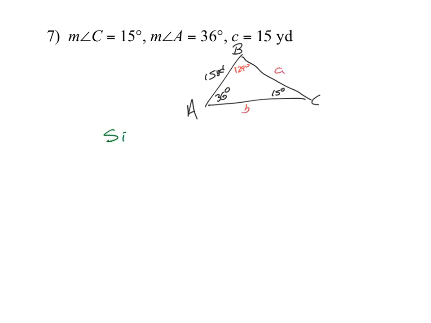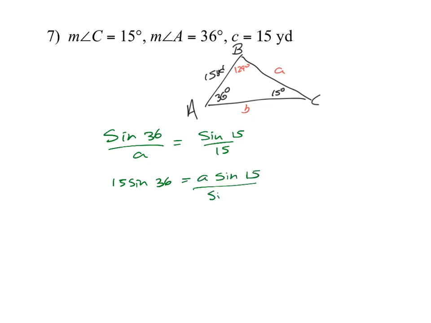So I have sine of 36 over A equals sine of 15 over 15. So I'm going to cross multiply: 15 sine of 36 equals A sine of 15. Divide by sine of 15. So A equals 34.1 yards.